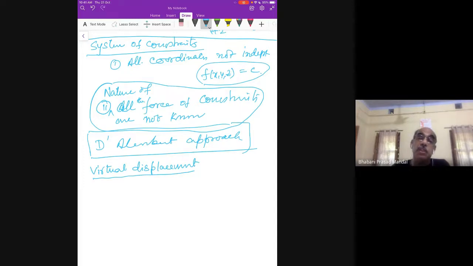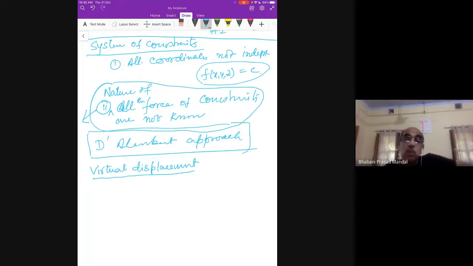You have to imagine such a situation to handle this second situation when the forces of constraint are not known. So we have to think in such a way that the effect of the force of constraint we can somehow compensate with something. Then we can deal with such a system.